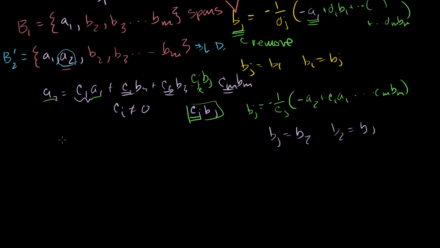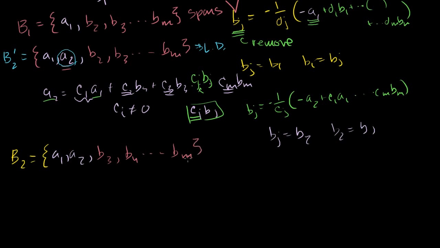When I remove that term, which I renamed b2, I call this set b2, and now it's equal to a1, a2, and then I have the leftovers of my b's: b3, b4, all the way to bm.